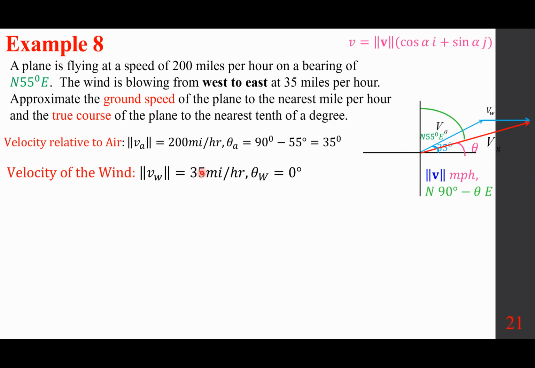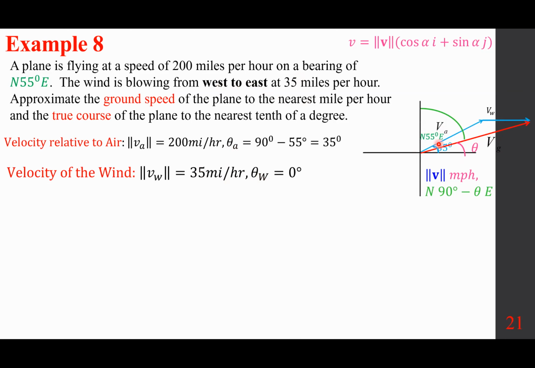The wind going this way has the magnitude of 35 miles per hour, and it makes a 0 degree angle with the positive side of the x-axis because it's going from west to east. I'm going to call this theta sub A and this one theta sub W. All right, so let's calculate each one and add them up.